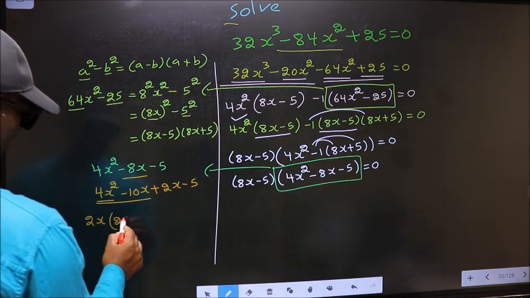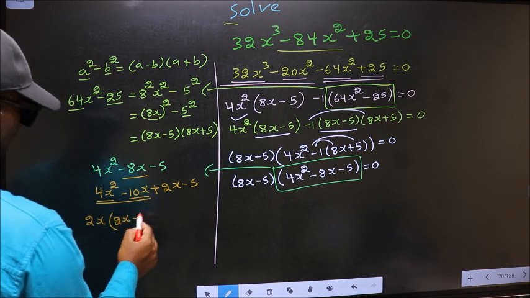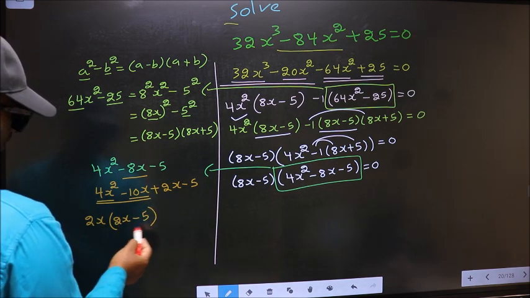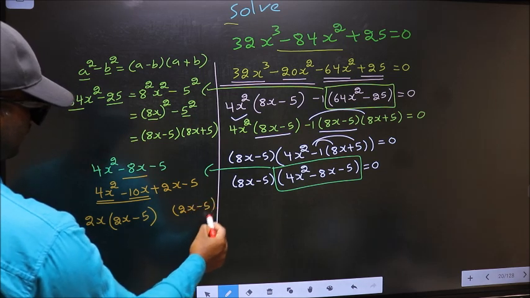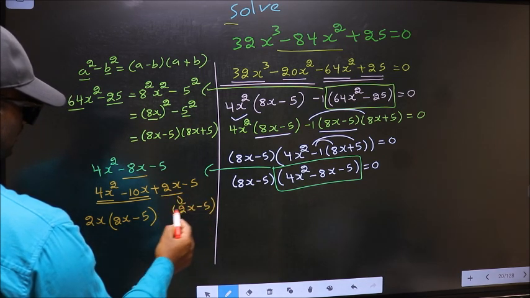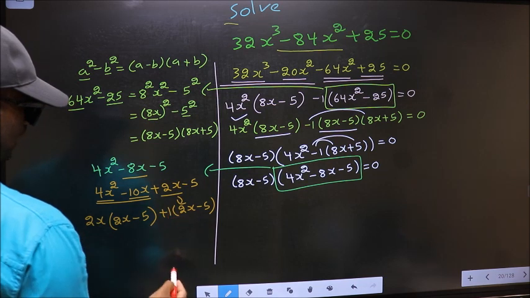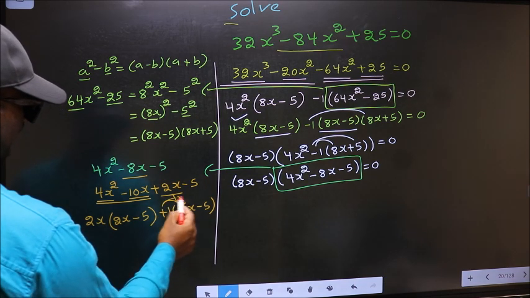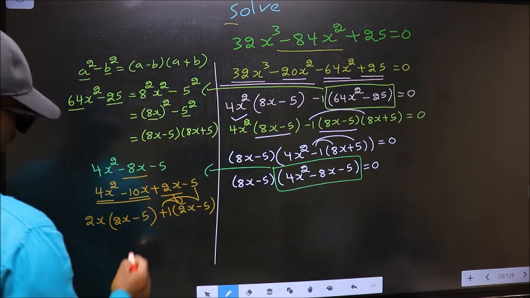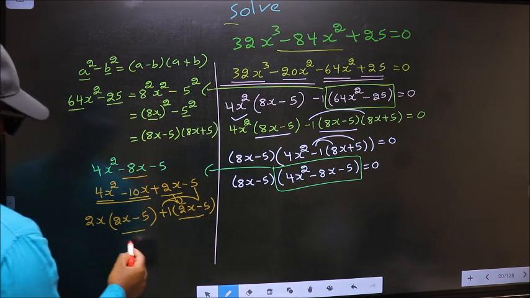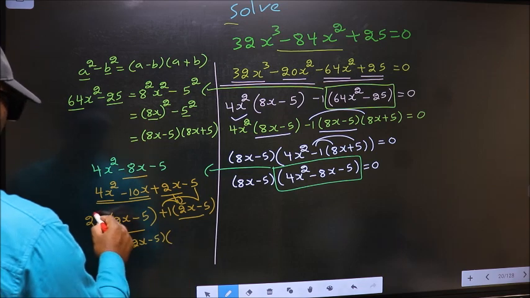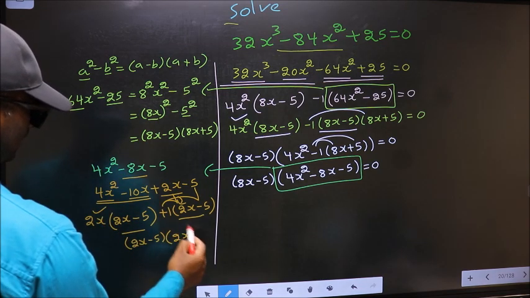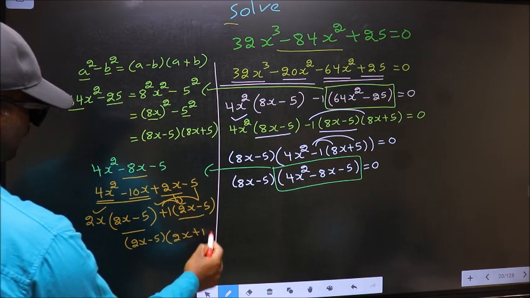So here we get 2x, minus, from this 2x out you get 5. Whatever we got here, here also we should get the same thing. From this, 2x gone inside, so outside you get plus 1. Even if you multiply and check, still you get the same thing. Now take out 2x minus 5 common. So here we have 2x and here plus 1.